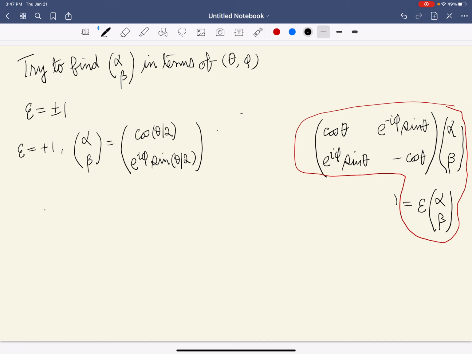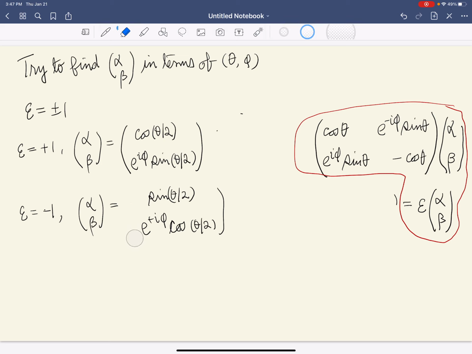And secondly, if you choose the other eigenvalue, then the corresponding eigenvector is sine of half theta, and this would be e to the i phi cosine half theta, but there is a minus sign over here. Okay, so let me make some space so that the minus sign will be more transparent.